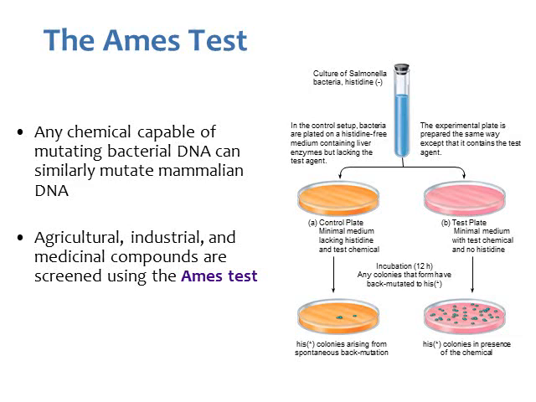So what we do is they use a culture of Salmonella bacteria, which is histidine negative. They take this special Salmonella bacteria and they plate it onto a control plate, which is just a medium that lacks histidine. So this is a control plate.